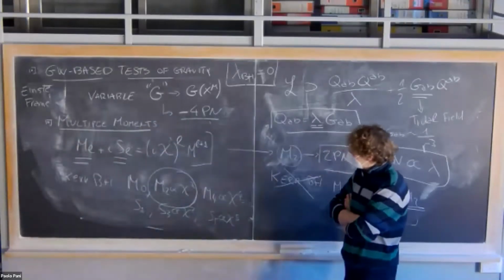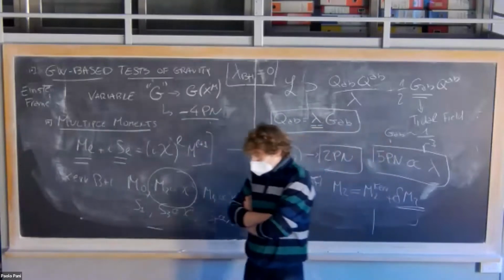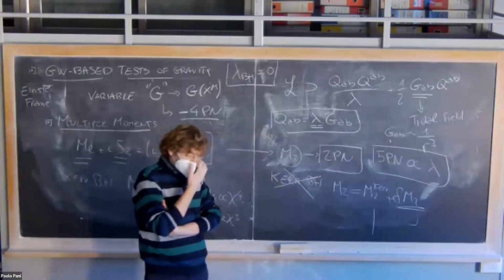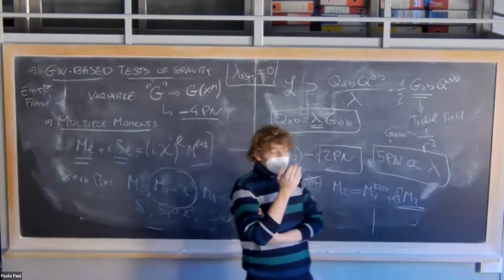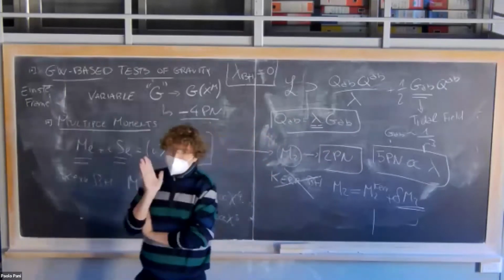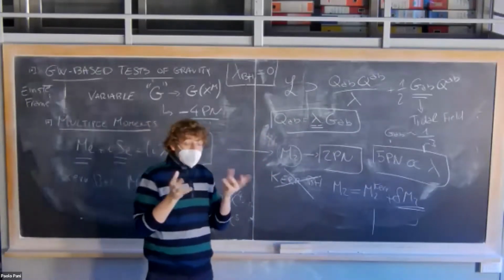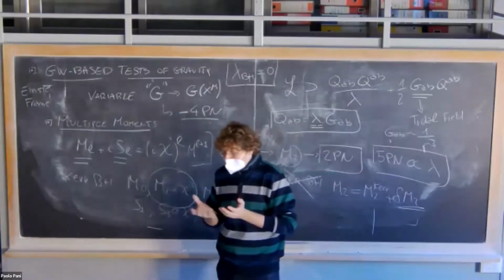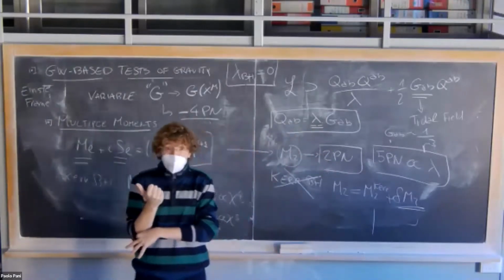I didn't stress it enough. It is possible, in principle, that in theories where there is a no-hair theorem in place, for example scalar-tensor theories, black hole solutions are the same as GR, but the dissipative sector of the theory might be different.